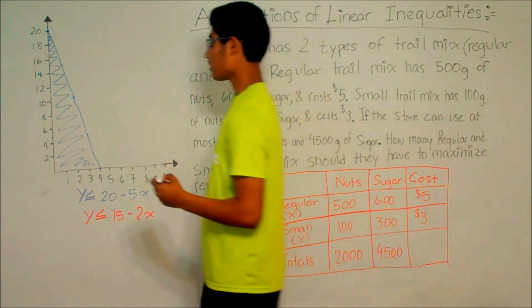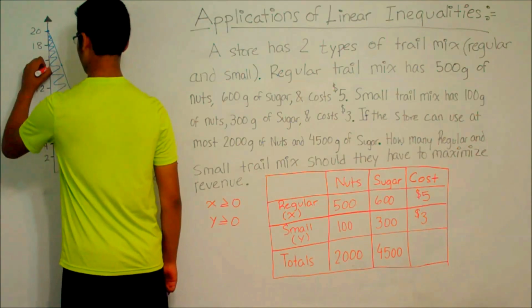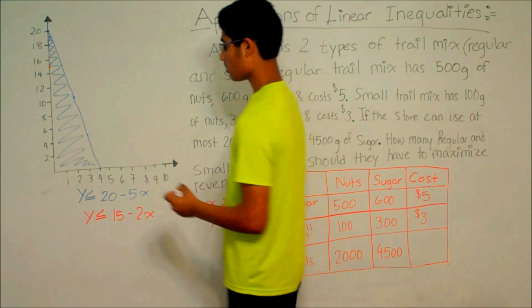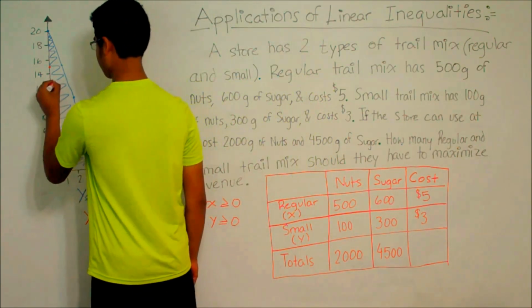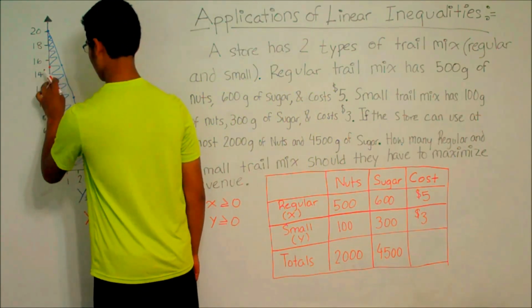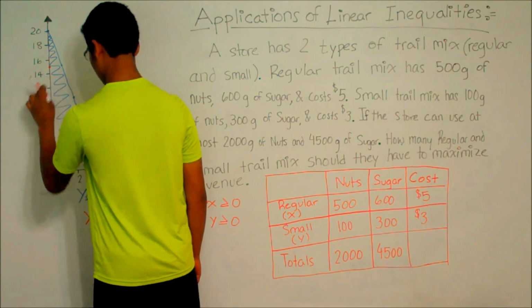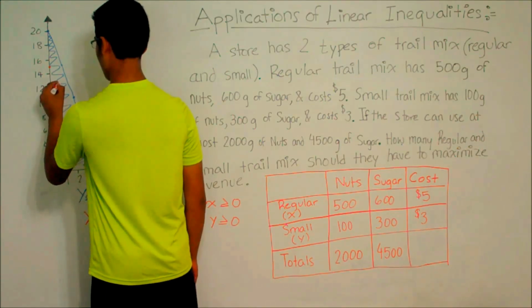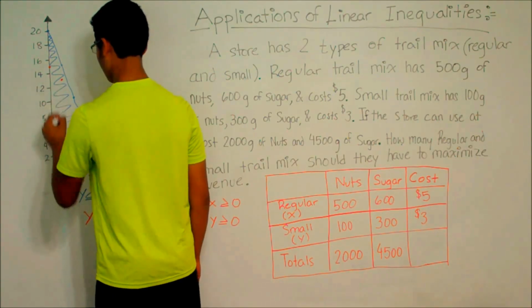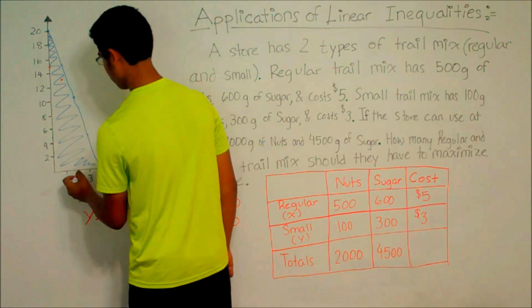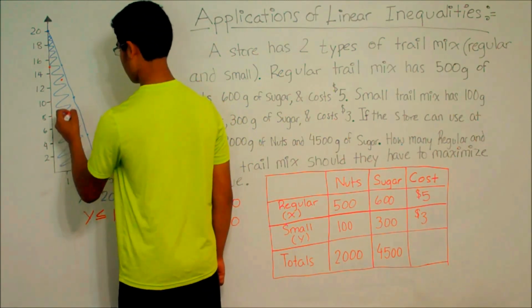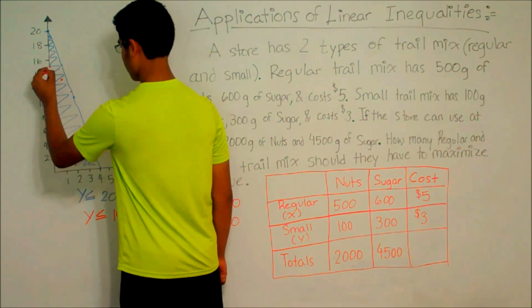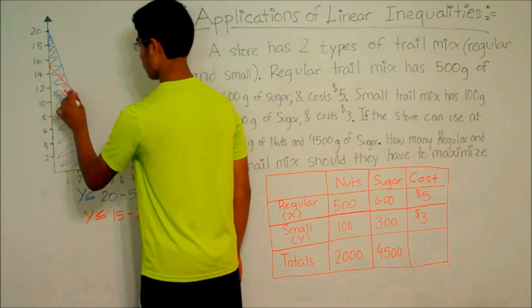Y is less than or equal to 15 minus 2x. So this is 15, which is the y-intercept, minus 2x. Then two and 11, and so on.